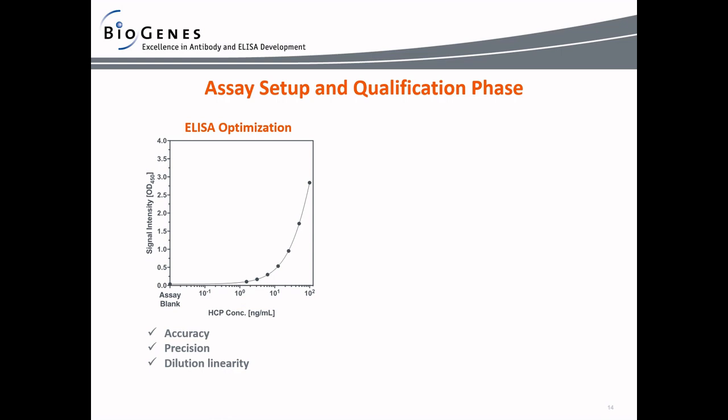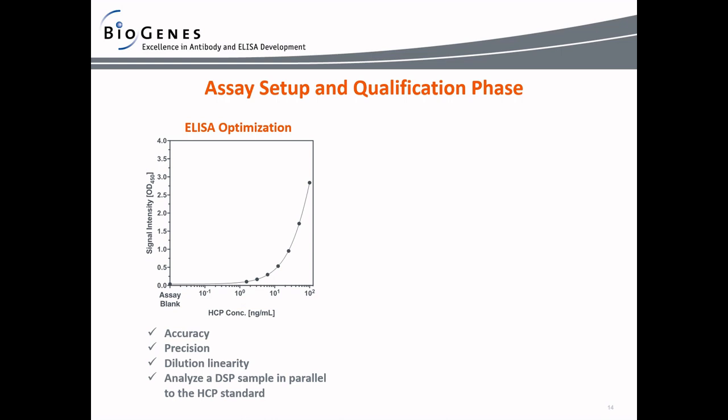Most importantly, a relevant downstream process sample, for example the bulk drug substance, has to be included during the developmental steps. If a downstream process sample is analyzed in parallel to the HCP standard, biased HCP determination can be prevented, or it would become obvious, and then we can choose the optimal assay conditions.